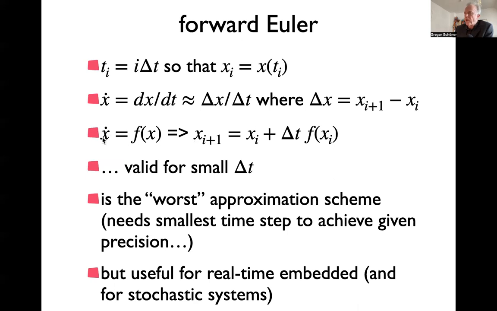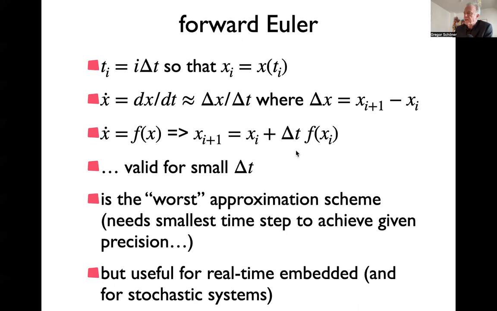And therefore, if you have this equation, you replace the x dot by delta x divided by delta t. Put the delta t to the other side and add the x_i, then you get x_{i+1} is equal to x_i, which comes from the delta, plus delta t times the function of x at that past value.